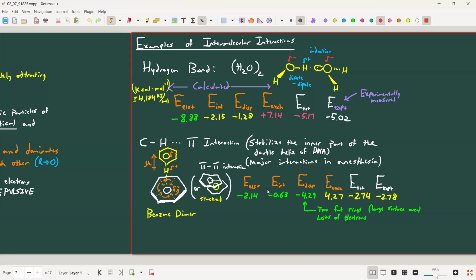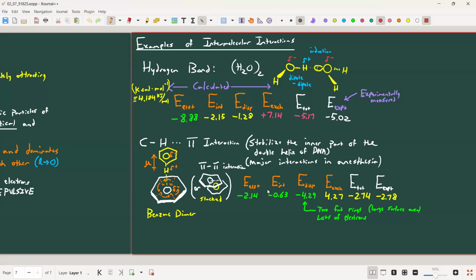But in the end, the net attractions win out. Therefore it's not as stable as you would expect because there's always this repulsion force in there, but you need it to understand the full structure of this interaction. And when you add all of them together, you get very good agreement with experiment.